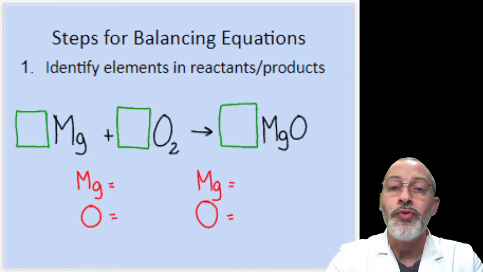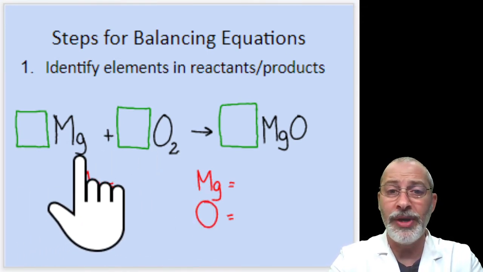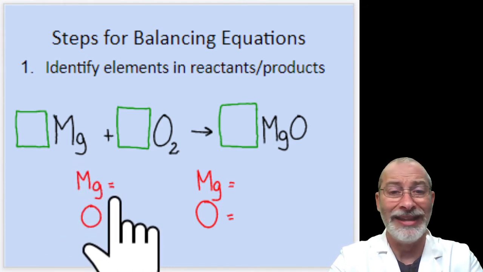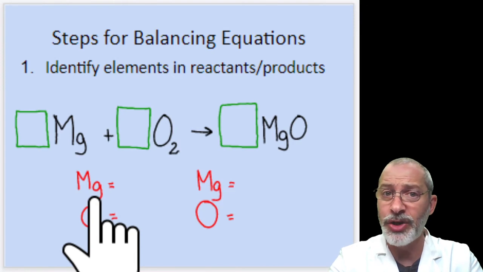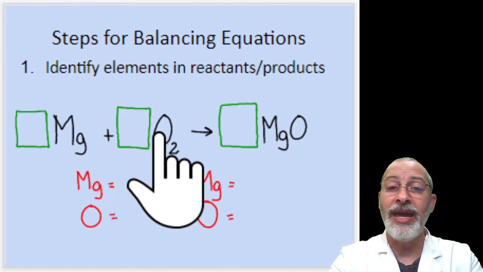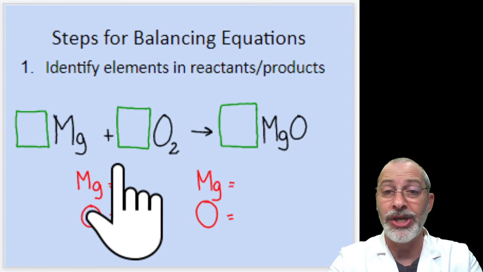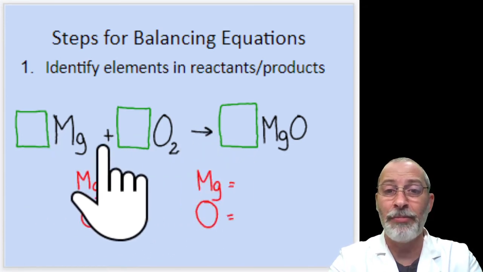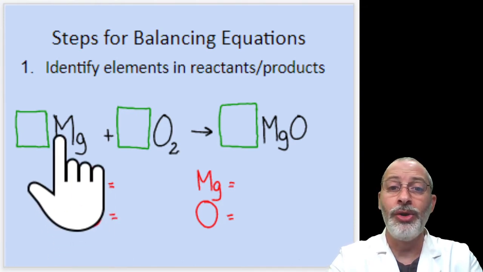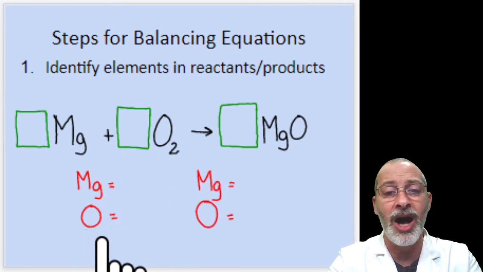So on the reactant side of the equation here, the elements that we have are magnesium, and you're going to create a list underneath each side of the equation. So we're going to put in our list magnesium, and the other element that is on the reactant side of the equation, remembering that the yield symbol separates the 2 sides of an equation. So we've listed oxygen. So there are only 2 elements on the reactant side of the equation, magnesium and oxygen.